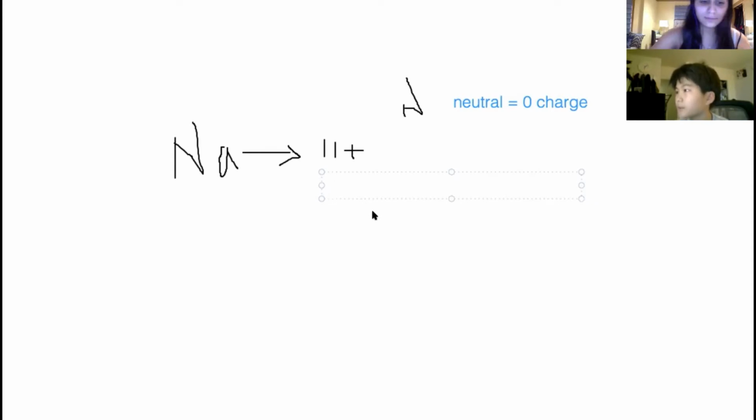Minus 11? Yeah, 11 minus. And minus means electrons, right? So to balance out, neutral sodium has 11 protons and 11 electrons because a neutral element means the charge is 0. The overall charge, the whole entire atom has a charge of 0. Does that make sense?